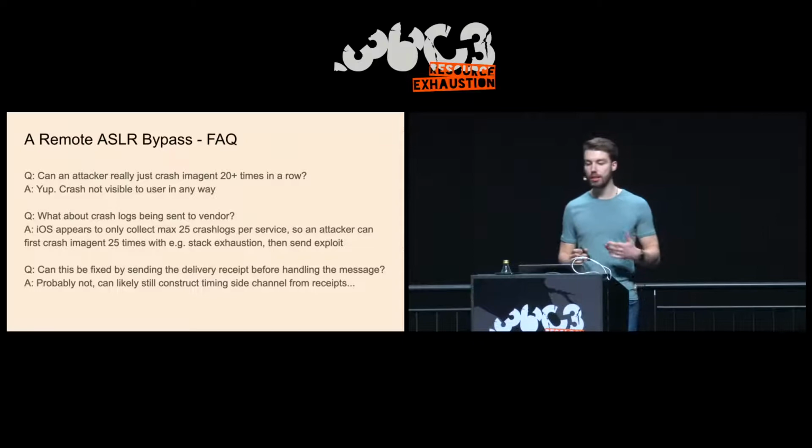When a daemon crashes multiple times, it's subject to some penalty, and it will only restart a few seconds or even minutes later. So from the timing of getting a delivery receipt, you can still basically get this oracle, right? So it doesn't really work by just sending it earlier. I'll go into some other ideas that might work later.